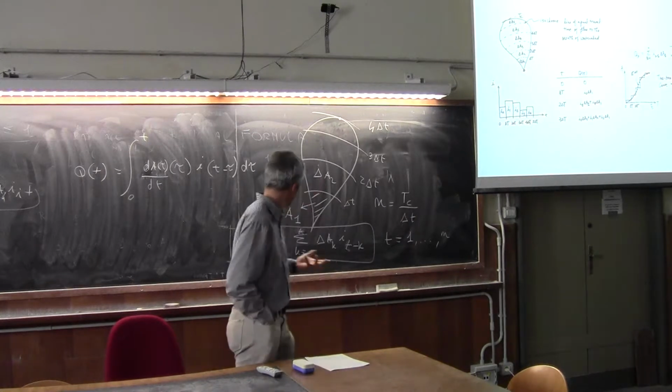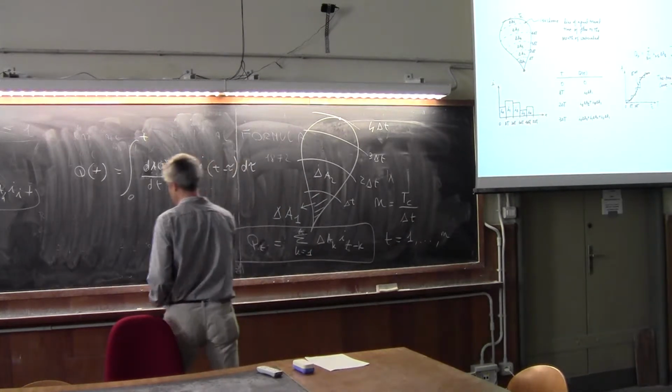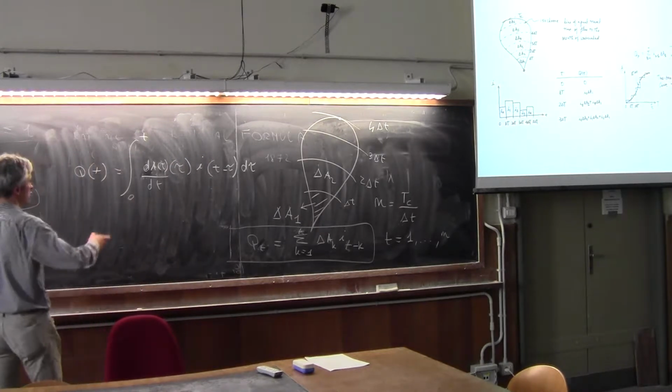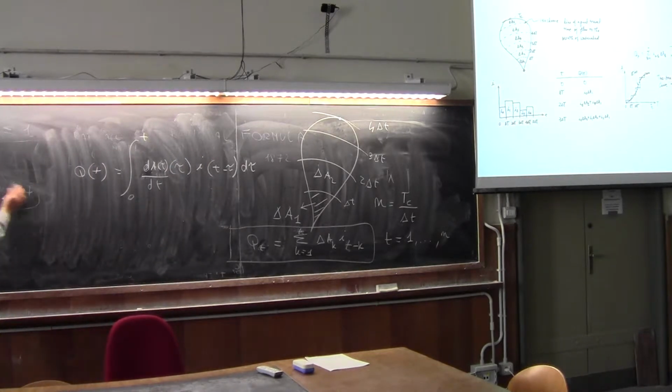Okay, good. Then, let me write, because I deleted here, so let me do this. Because I want to keep the integral there, because I need to talk about it. So after 1 hour, Q1, what is Q1?